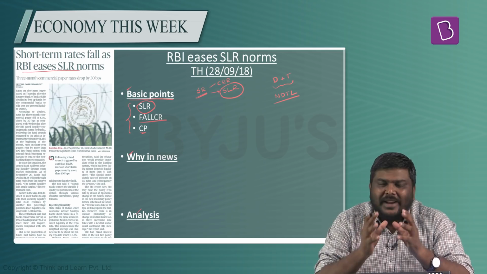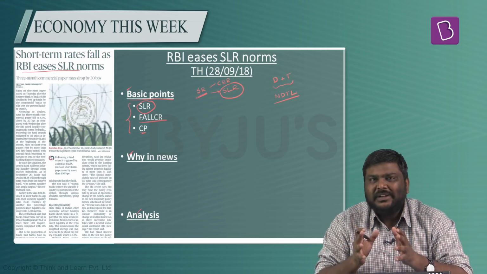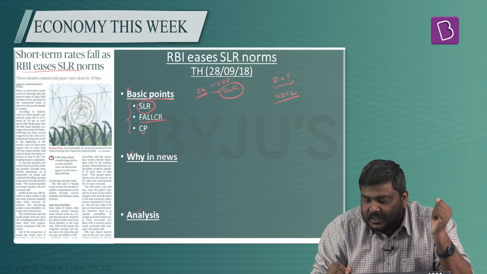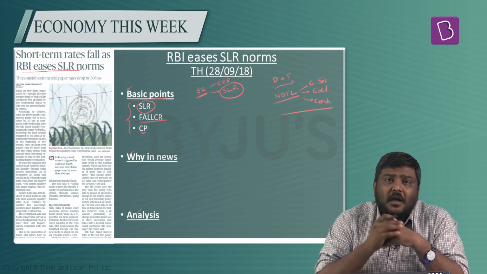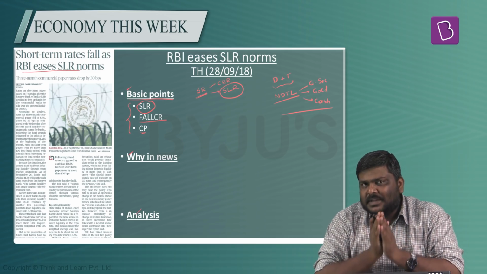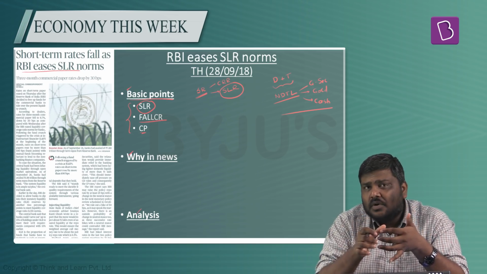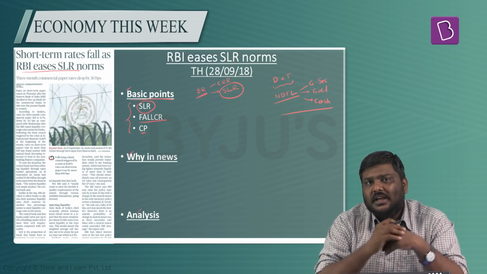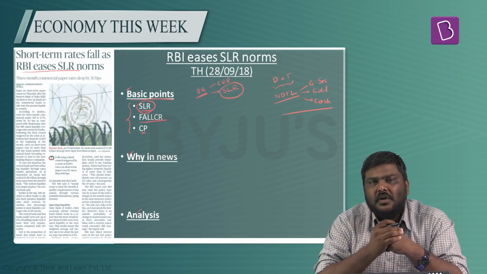Out of this NDTL, RBI mandates every bank to maintain a certain percentage either in the form of G securities or in the form of gold or in the form of cash. I'll repeat it. Out of the total NDTL that is collected by the banks, a certain percentage has to be maintained in the form of either cash, gold or G securities. This particular ratio is called the statutory liquidity ratio.